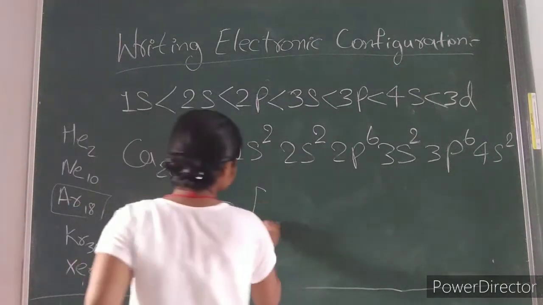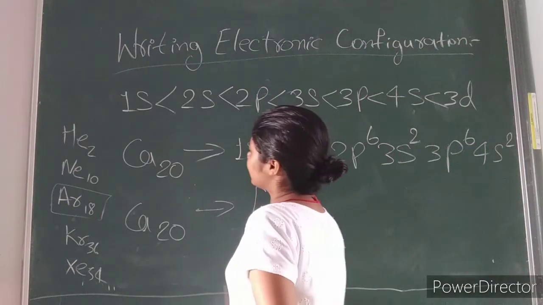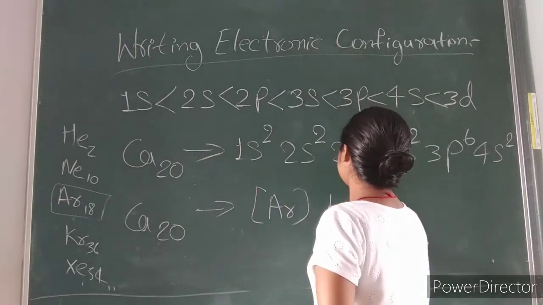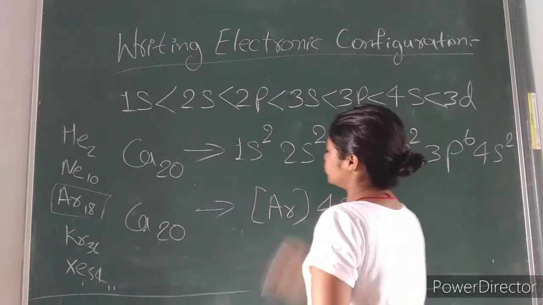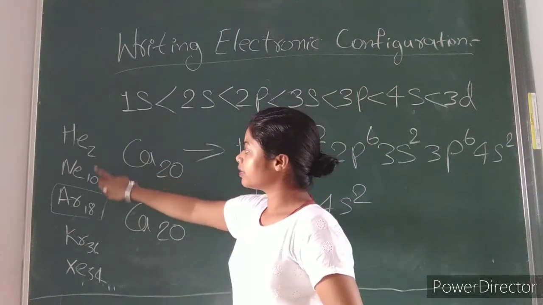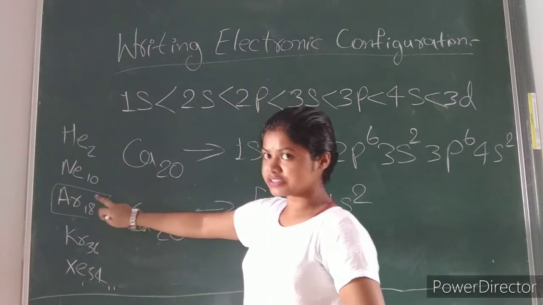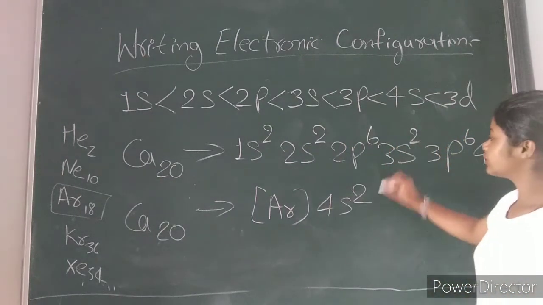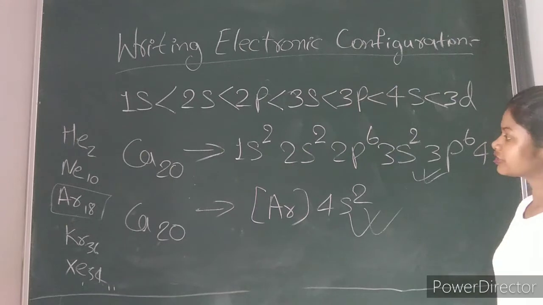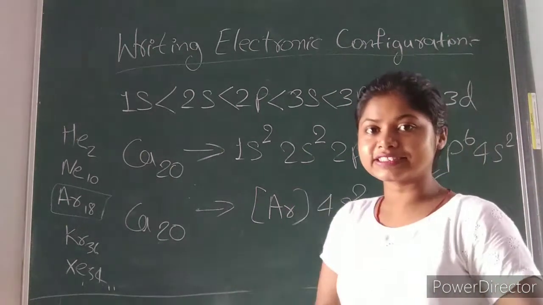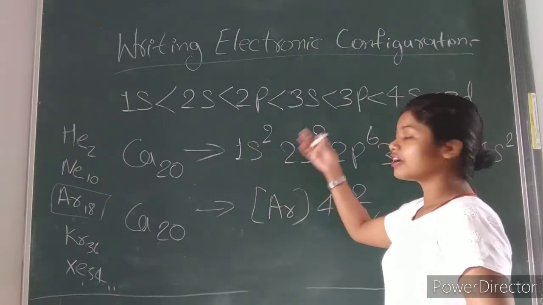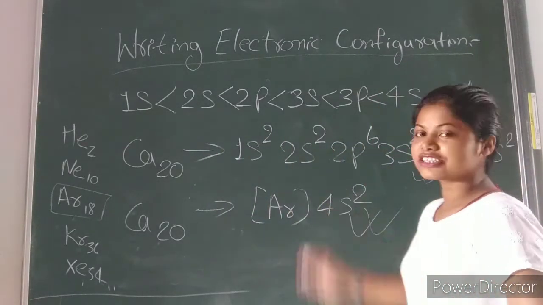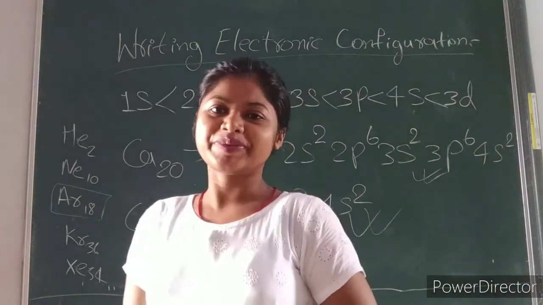So we write argon and then 4s2. Okay children, see, helium, neon, argon, argon is third, so we'll start with 4s only. So this will be argon 4s2. Both are correct ways to write the electronic configuration according to the Aufbau principle. We have filled the lower suborbits first, then the higher suborbits.